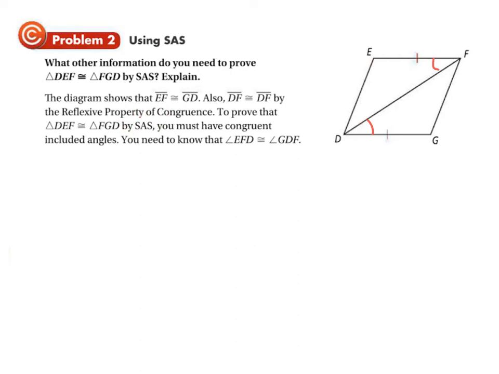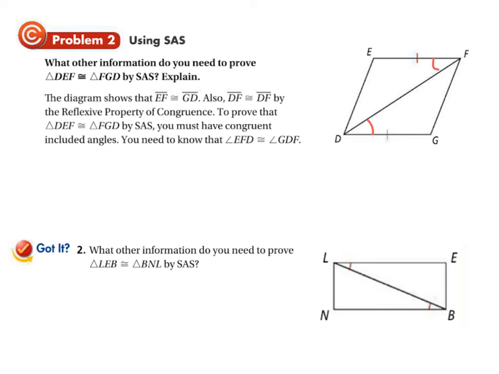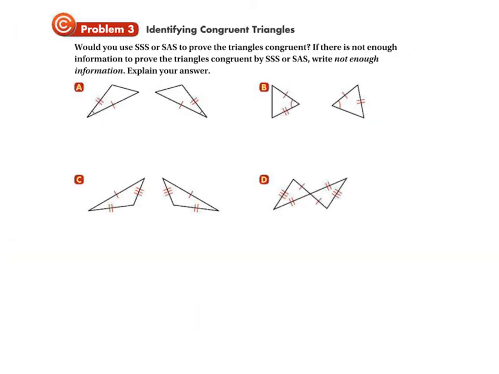Okay. So let's see what we can do with this got it problem. Right, here they're asking you, would you use side angle side or side side side to prove these triangles congruent?